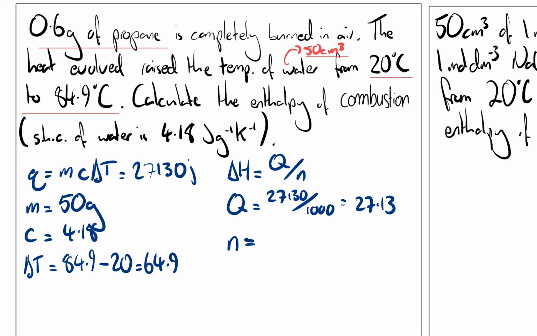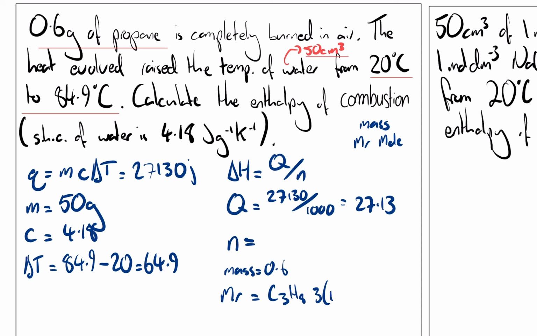N, we've got our mass of propane. So again, if we think about a triangle, we've got mass, Mr, mole. So we need our mass equal to 0.6. Mr is going to be, if we have our periodic tables, propane is C3H8.